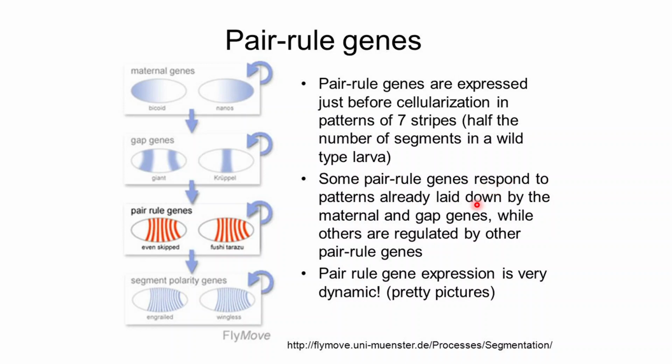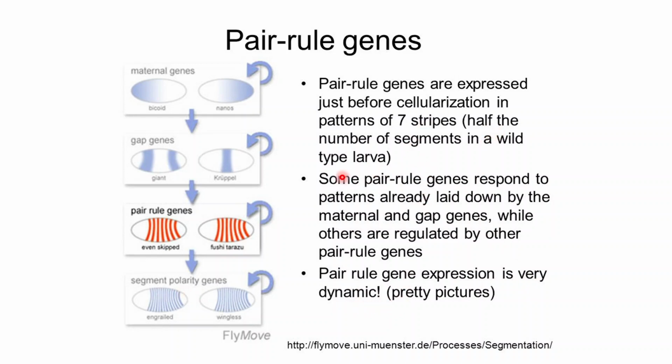Some pair rule genes respond to patterns already laid down by the maternal and gap genes. So as we know, the top order genes such as maternal and gap genes lay the groundwork for working of pair rule genes, while others are regulated by pair rule genes. Pair rule gene expression is very dynamic. 7 stripes.